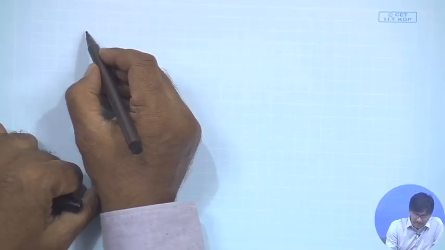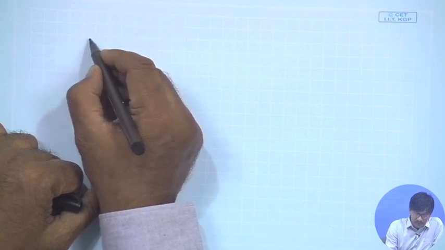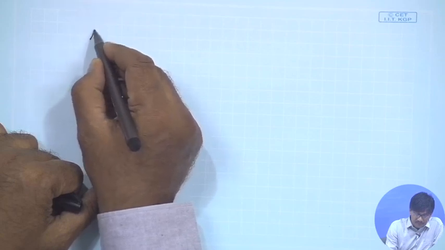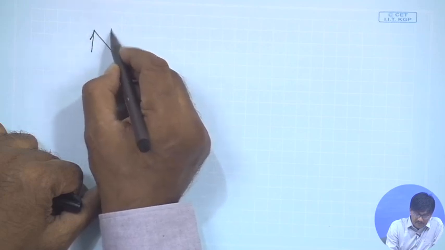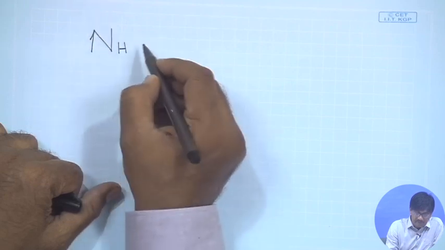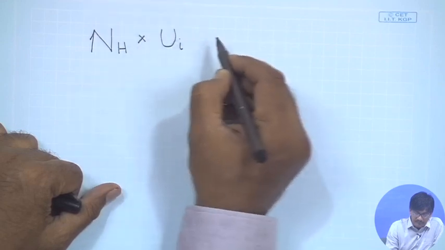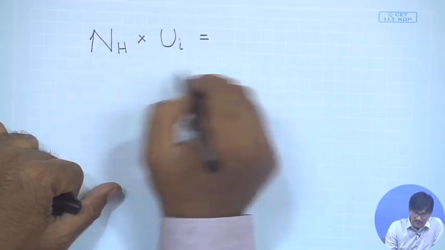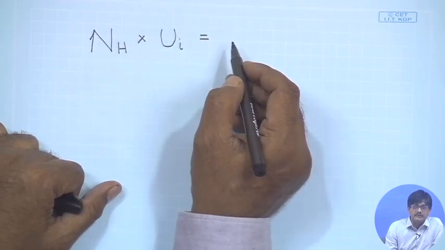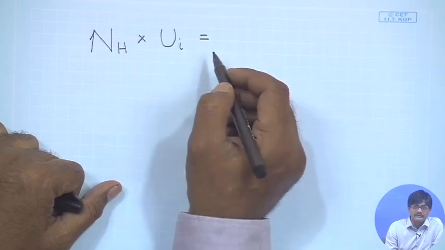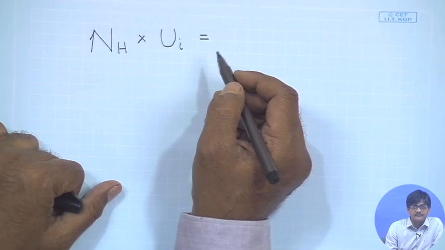We know that, starting from the hob rotation, the rotation of hob multiplied by UI must be equal to, we are considering that there are no other machine elements in between, no gears, no belts, no bevels, no worm and worm gear, etc.